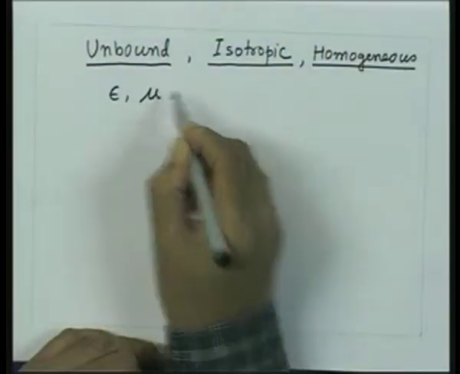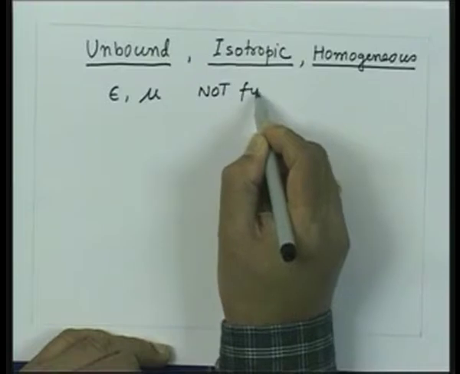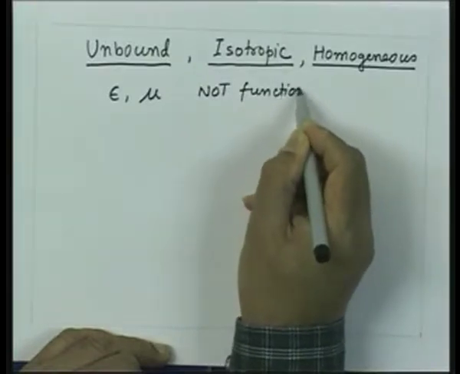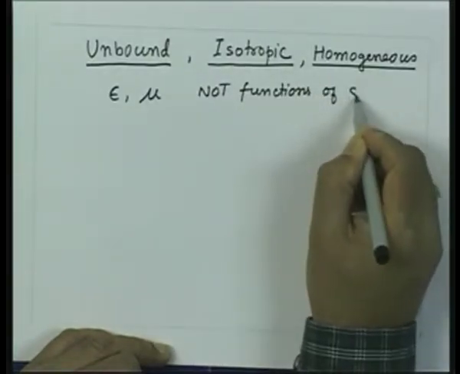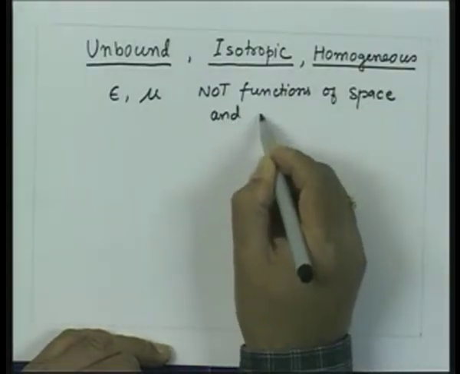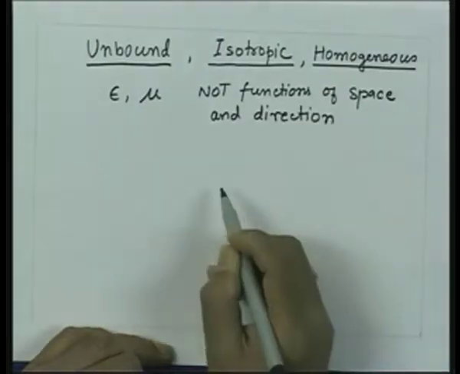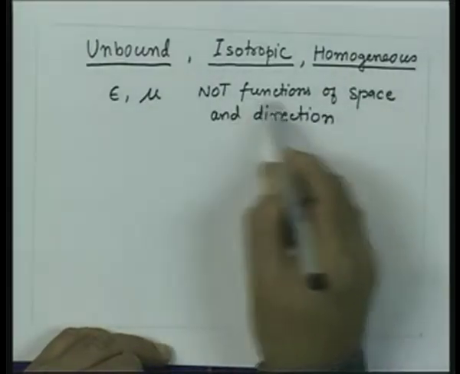So we have epsilon and mu which are not functions of space and direction. The homogeneous nature means they are not a function of space.